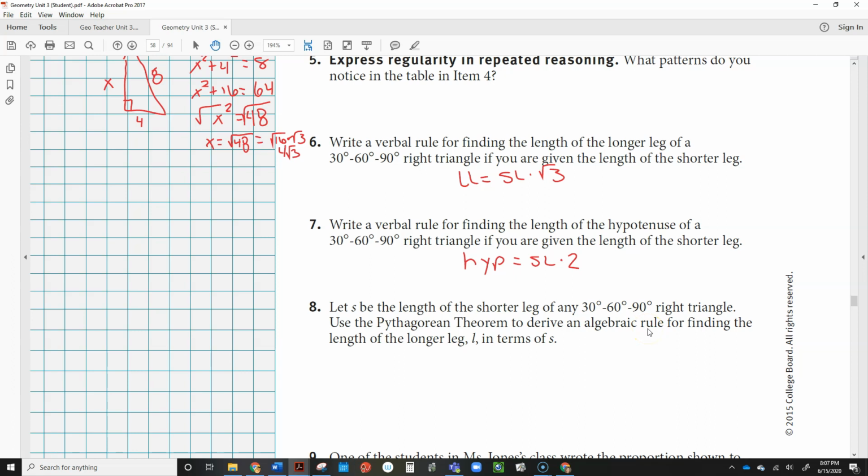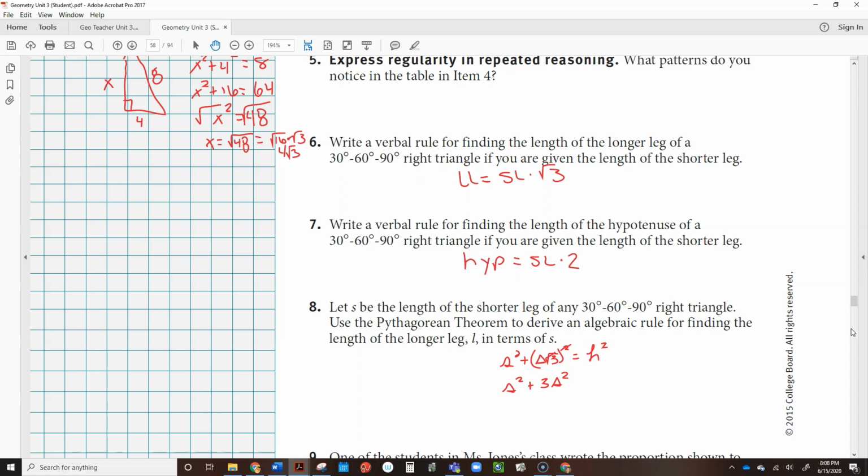Okay, so if we say S squared plus, and the other one is the long leg, and the long leg, remember, is S square roots of 3. That's squared, we get the hypotenuse squared. And then that's going to be S squared plus 3S squared, the square root of 3 squared.